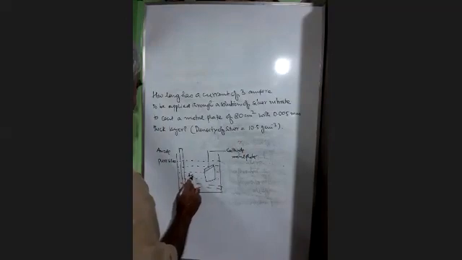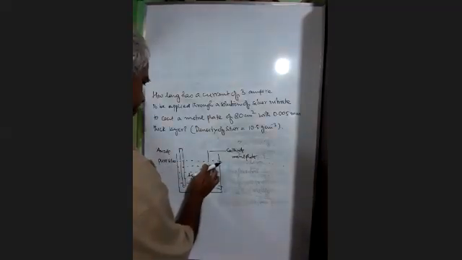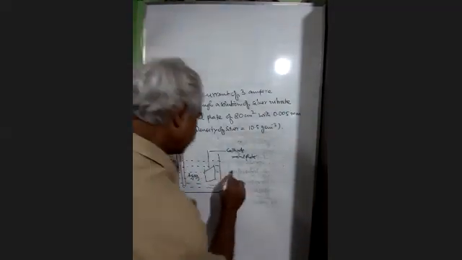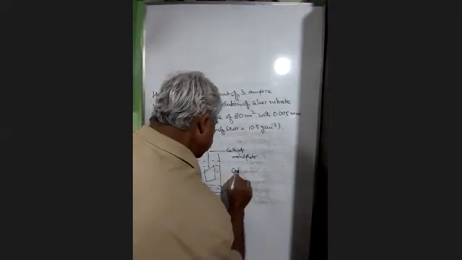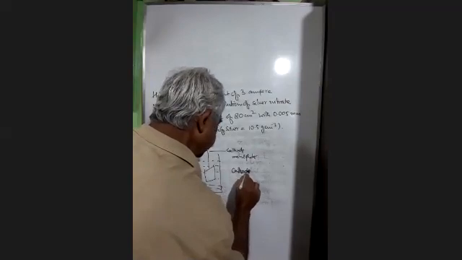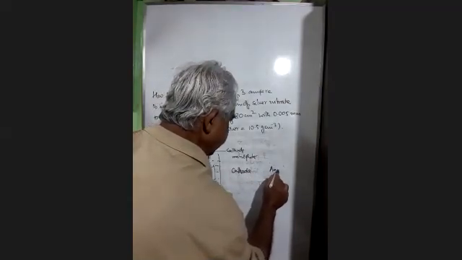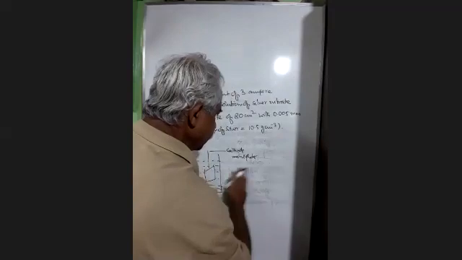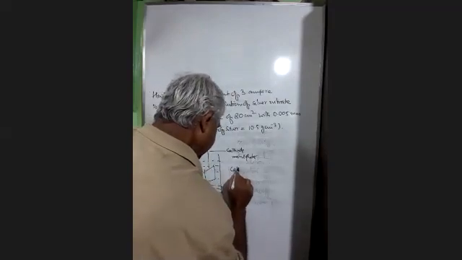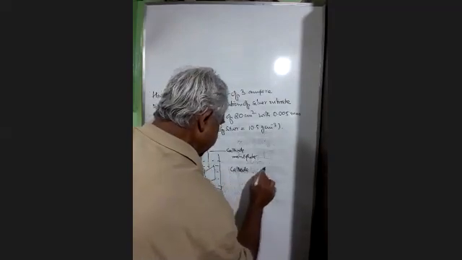Here we are taking an active electrode, and the electrolyte is silver nitrate. The cathode is on the left.